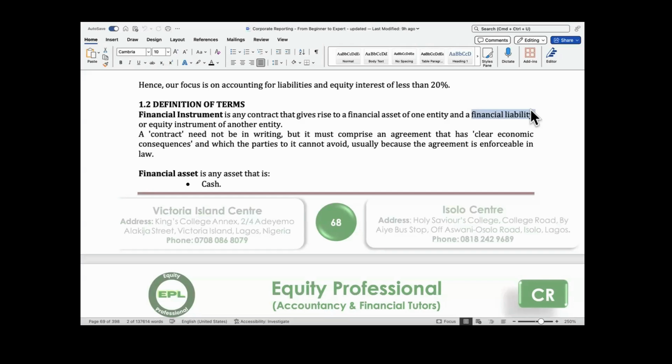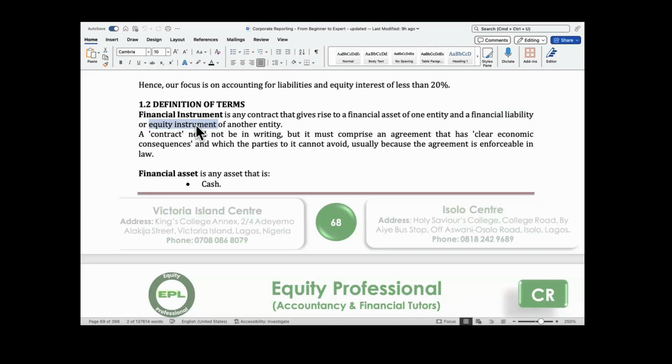Debt instrument gives rise to financial liability. But where the issuer issues ordinary share capital or preference share capital, then that issuer has an equity instrument.